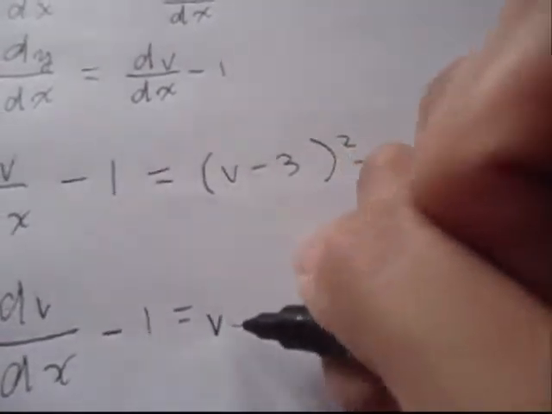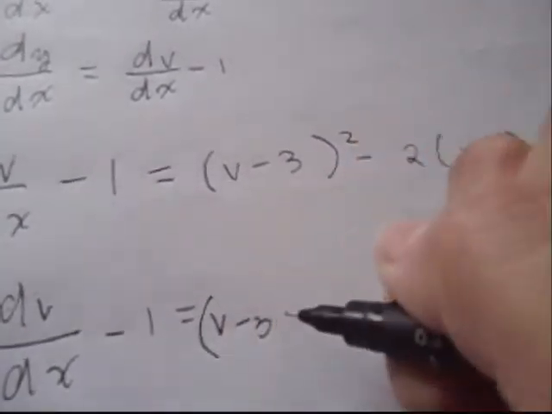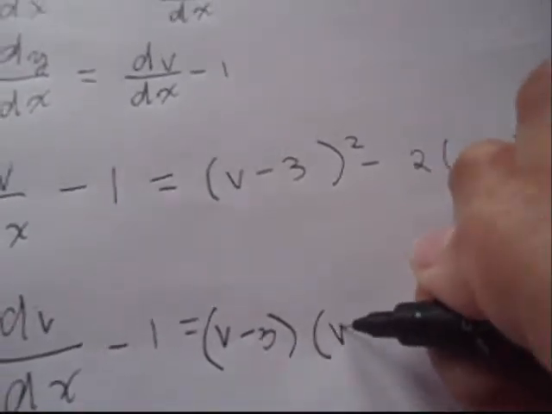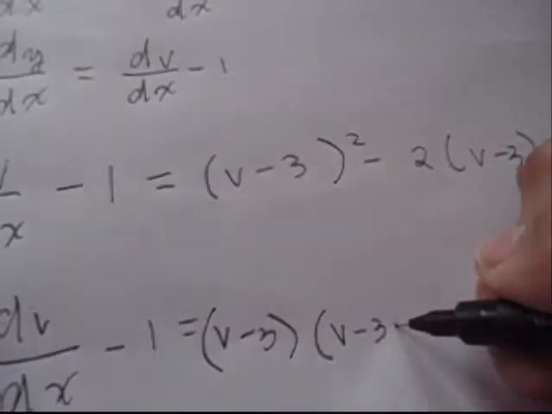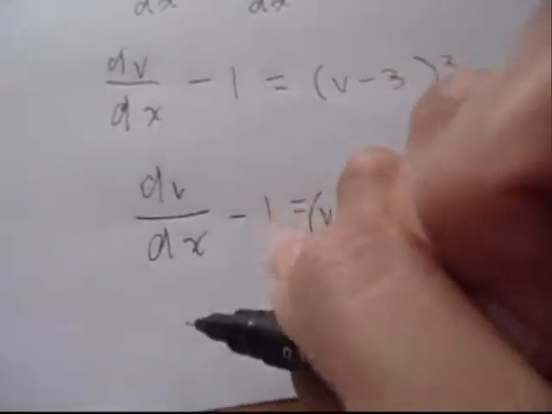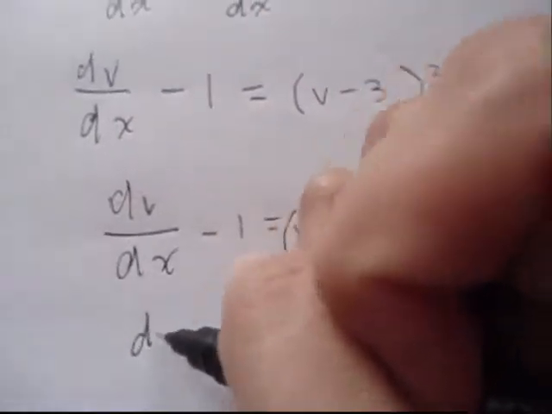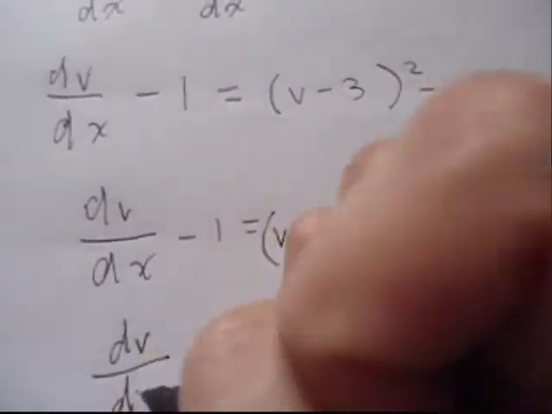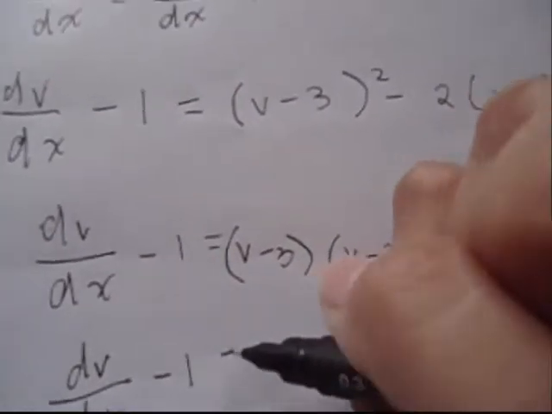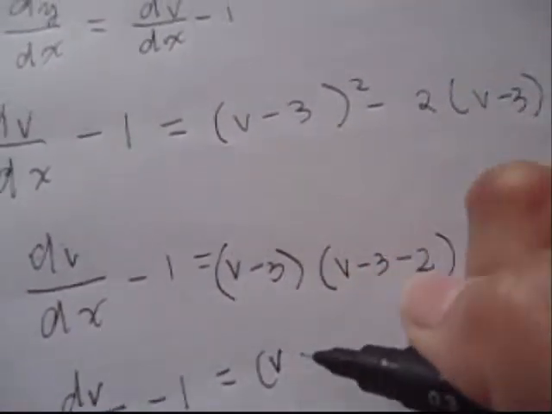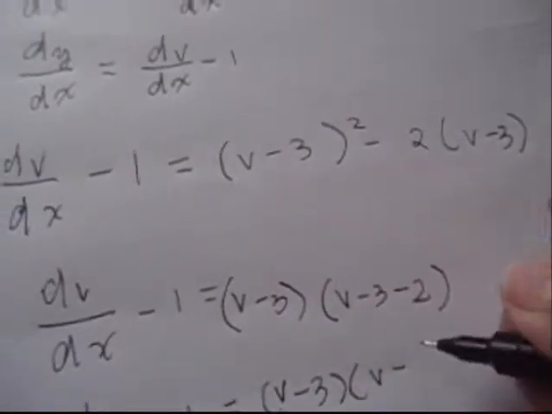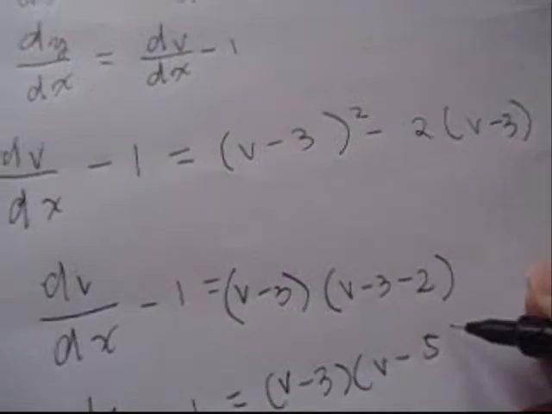So we have v minus 3 times (v minus 3 minus 2). Simplifying this, we get dv over dx minus 1 is equal to v minus 3 times v minus 5.